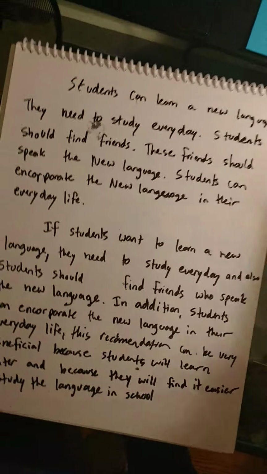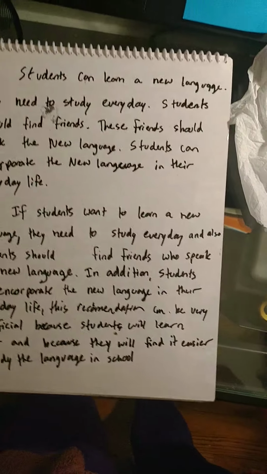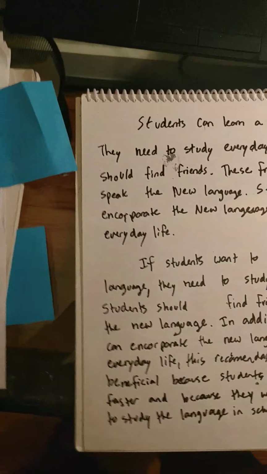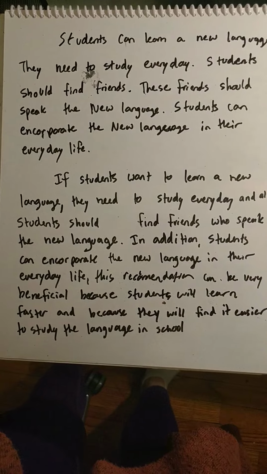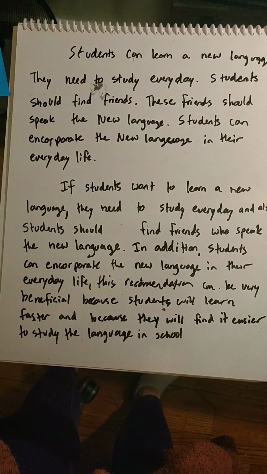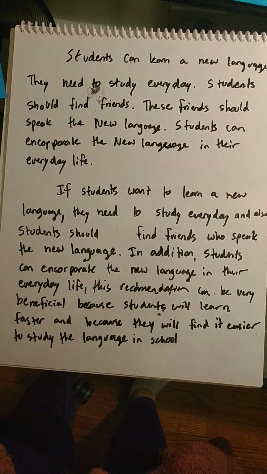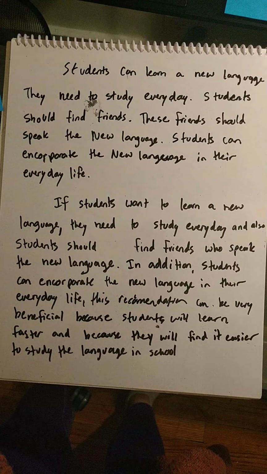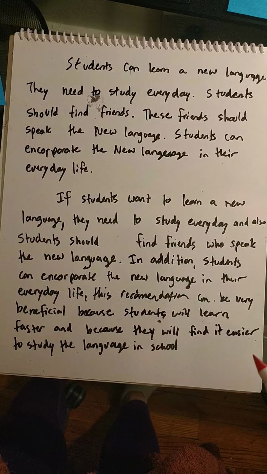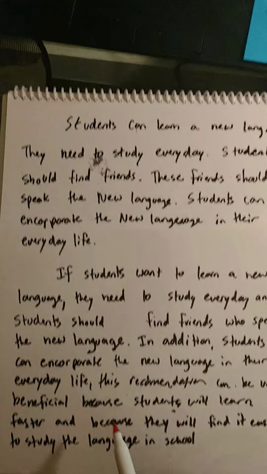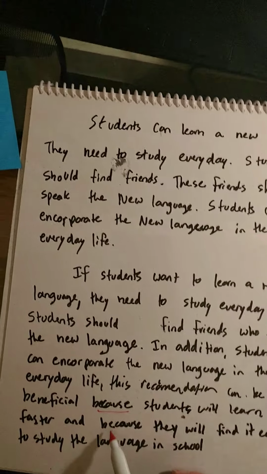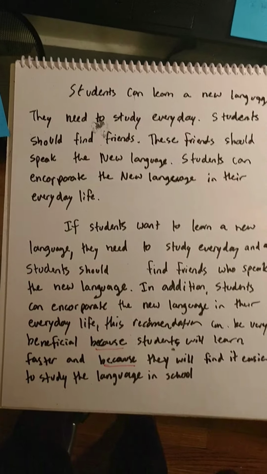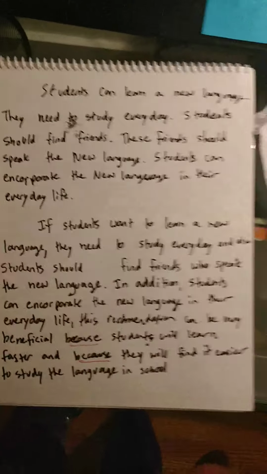So let's look at this whole paragraph now that I ruined it. Now it's bad. If students want to learn a new language, they need to study every day, and also students should find friends who speak the new language. In addition, students can incorporate the new language in their everyday life. This recommendation can be very beneficial because students will learn faster and because they will find it easier to study the language in school.